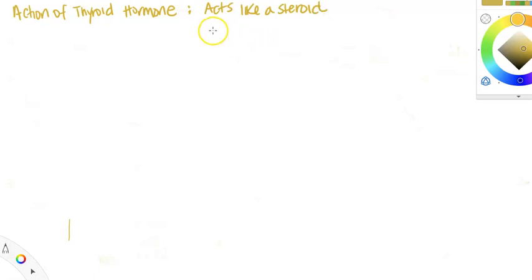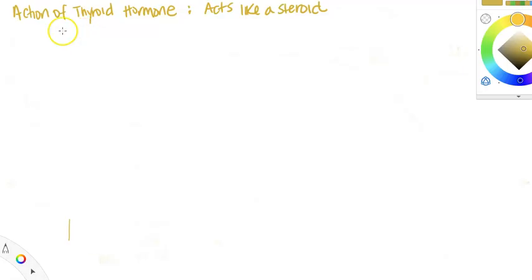So you should be thinking, of course, protein synthesis. It binds inside the cell to a receptor inside the cell, and then it binds to genes, stimulating protein synthesis, making of mRNA and all of that, and going out and making proteins.